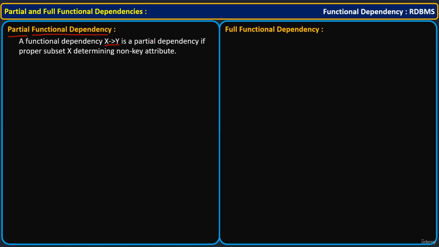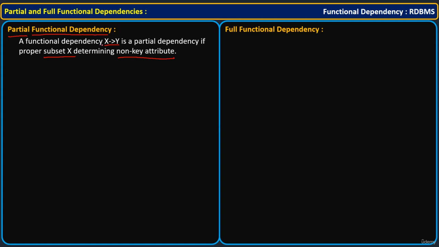When will it become a partial dependency? If a proper subset of X is determining other non-key attributes. And we know already that key attributes and non-key attributes are nothing but prime attributes and non-prime attributes.